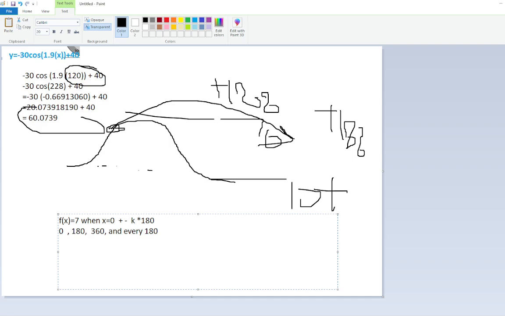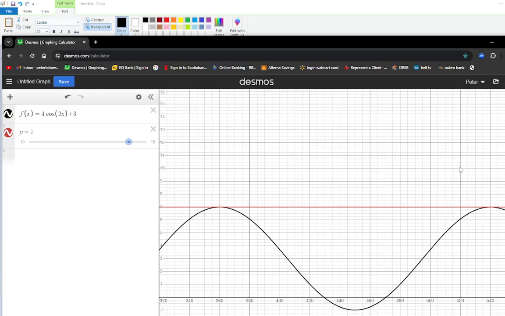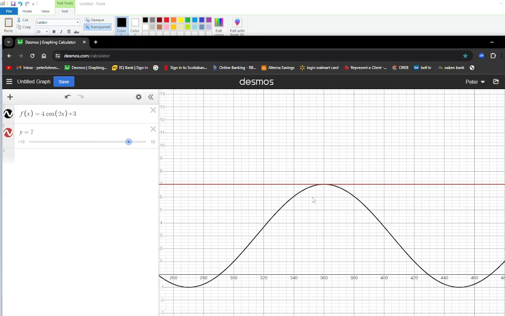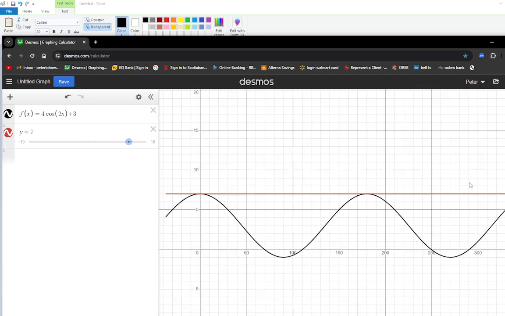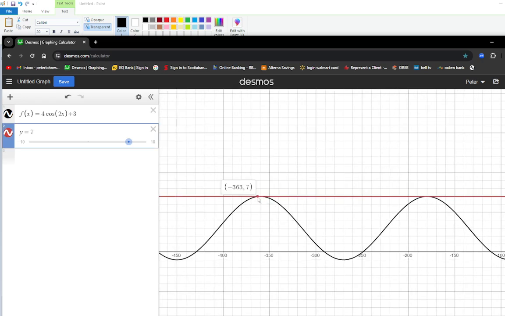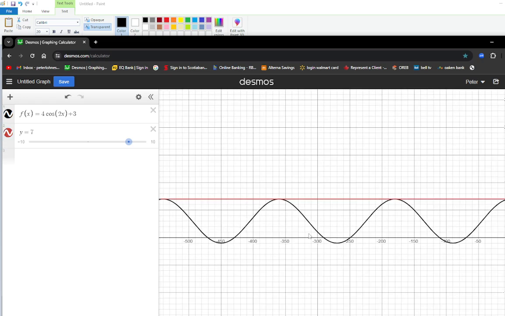So if you look at this graph, it occurs over here as we go to the left of the y-axis. So let's find the y-axis. There's the y-axis. It occurs also as we go backwards here at minus 180 and minus 360. So it's plus or minus every 180.